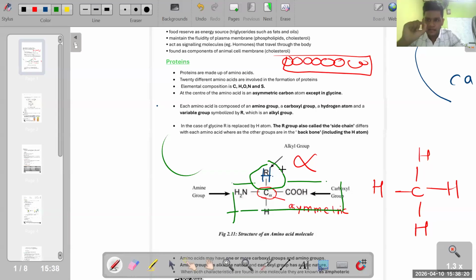Now listen carefully and answer this. From amino acid to amino acid, is the backbone changing or the side chain changing? Which is the one changing?